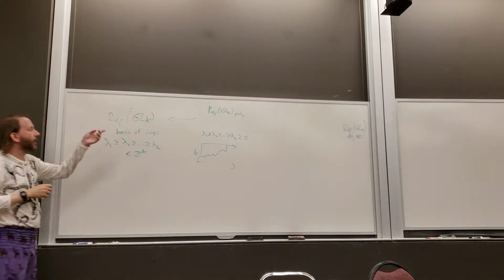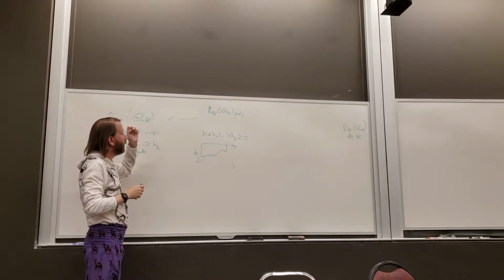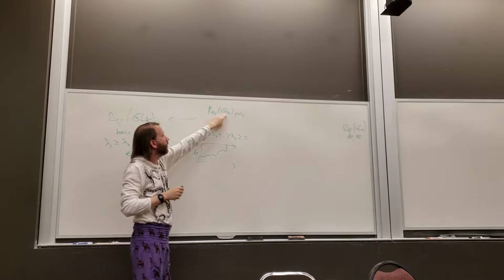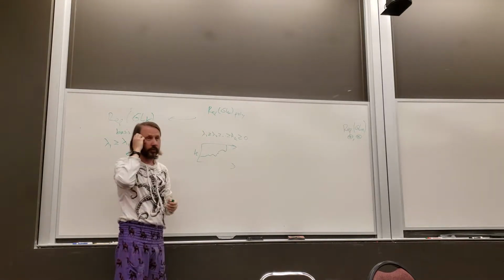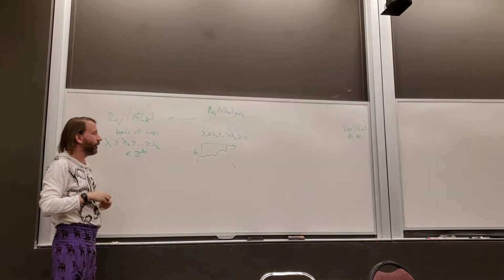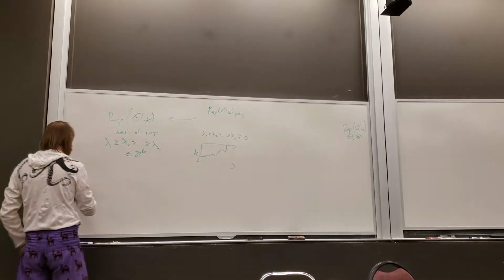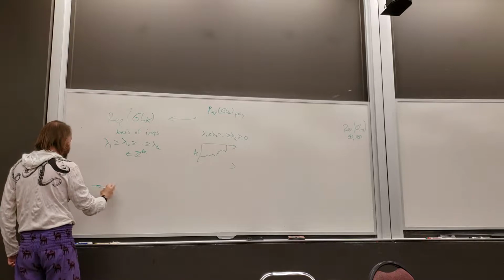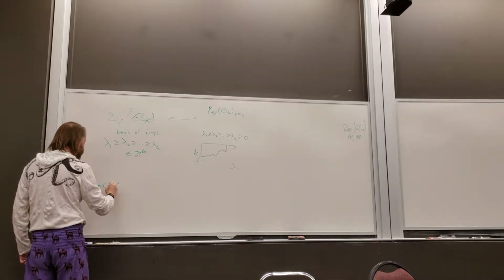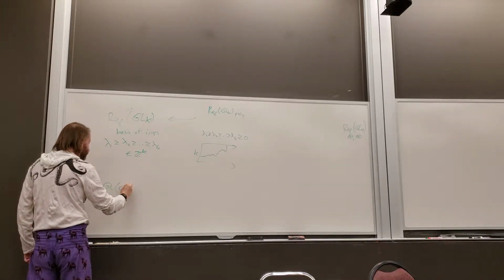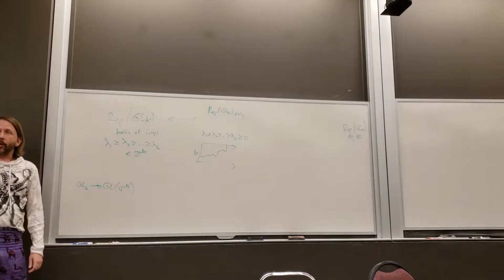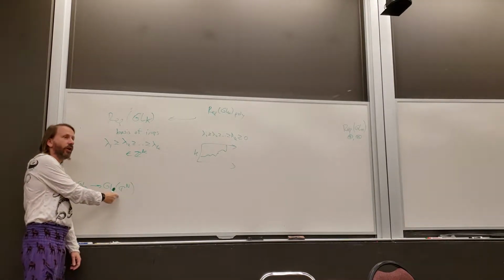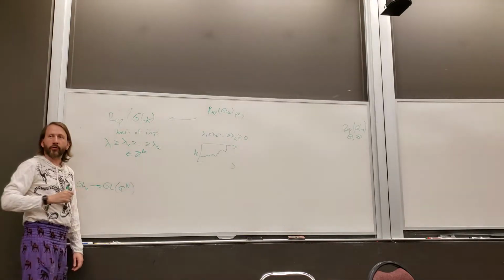Because any representation is a homomorphism from GLK to GL of some large space, and in a so-called polynomial representation, the matrix entries will be polynomials in the original matrix entries.